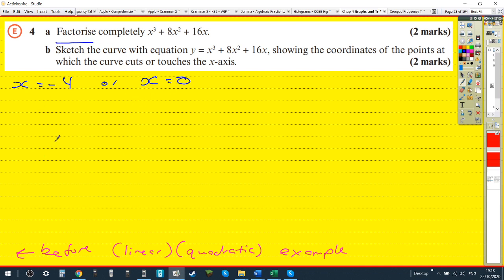Any idea how to factorize it? Would you add 4 on both sides? Correct. So it'd be x plus 4 equals 0.